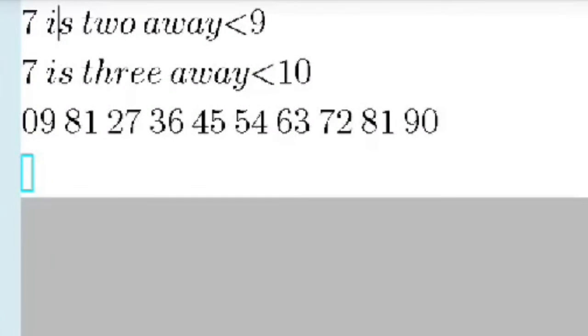Okay, once you become ultra fluent at doing the 9 times table system and the 8 times table system, then it's time to take on the challenge of the 7 times table system. Now on the screen you have that 7 is 2 away from 9 and 7 is 3 away from 10.